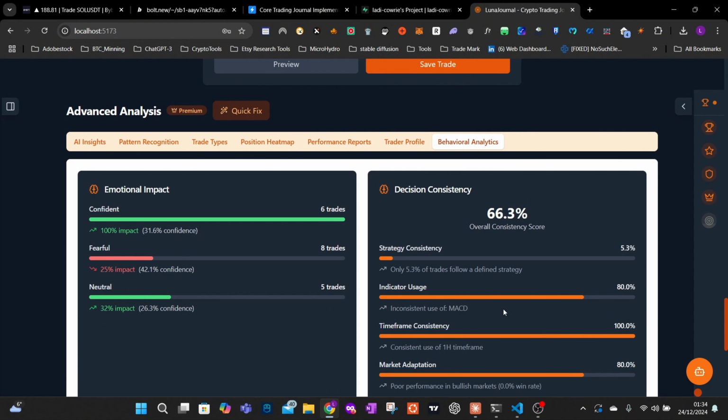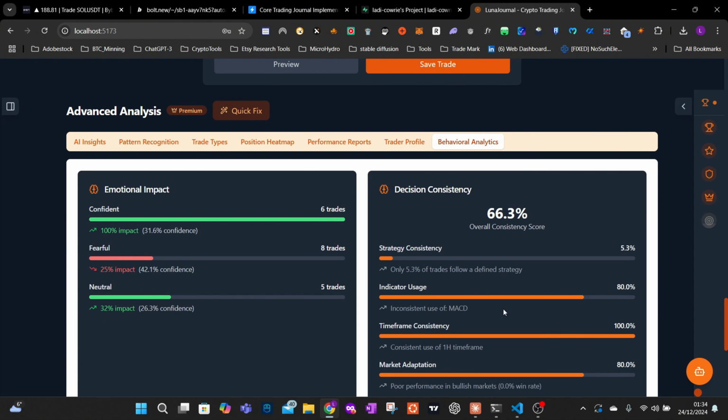The first one is if you self-report your emotion. The more you self-report, the more the system will analyze the correlation between the different emotions and your P&L to understand how these emotions impact performance. But say we don't have that, there are still other ways to infer emotional state.